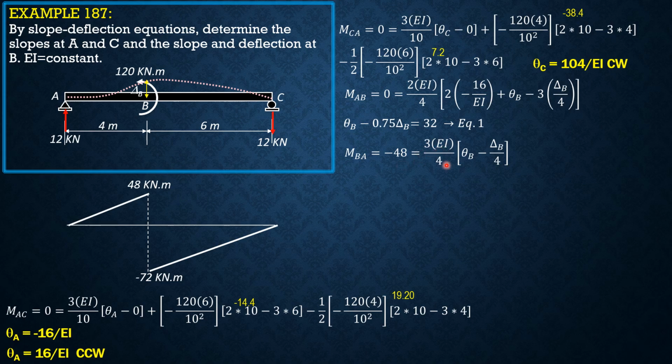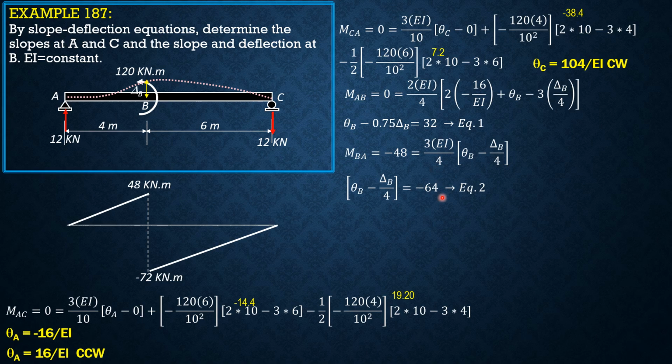Equals 3EI over L quantity theta B minus delta B over 4, or theta near minus delta over L, and delta is delta B and over 4 because the assumption is the rotation is clockwise. B is here. So setting up the second equation, theta B minus delta B over 4 equals negative 64, equation 2.